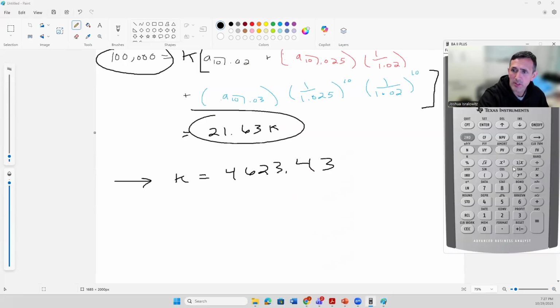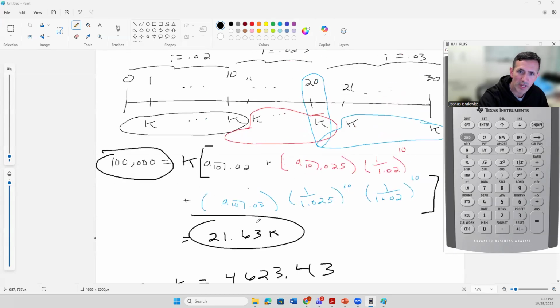So you might get something slightly different than this, a couple pennies, probably at most 10, 20 cents, if you actually saved everything.